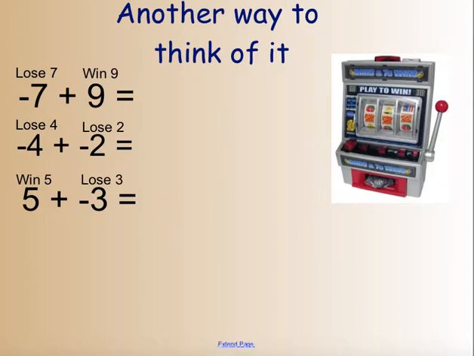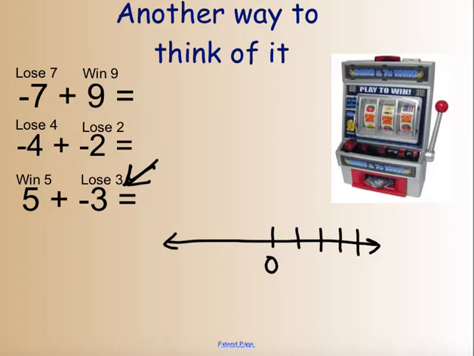Lastly, you could think about a number line. So let's say we go back to this 5 and negative 3. We can think about a number line, okay? From 0, 1, 2, 3, 4, and 5, and down to the negative sides as well. So we could say, all right, well, from 0, I'm going to go up 5 because I won 5.